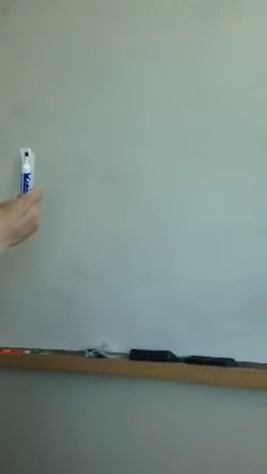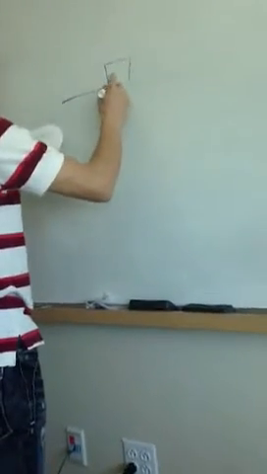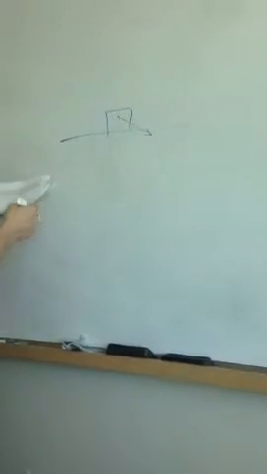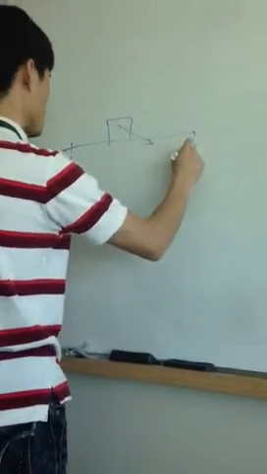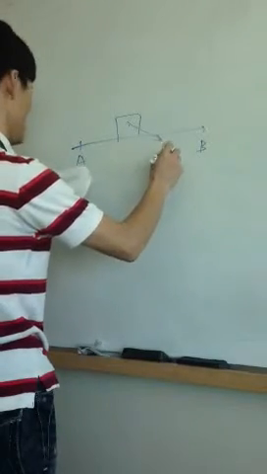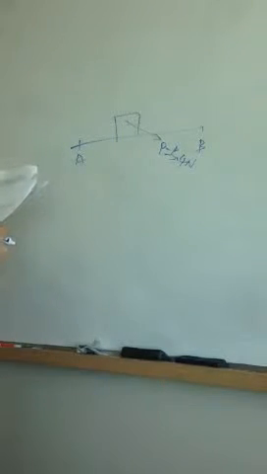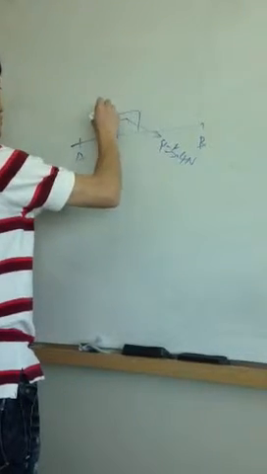And then number 4. A block is pushed across a rough surface from A to B by a force P. The magnitude of the force of friction on the block is 1.2 Newton.